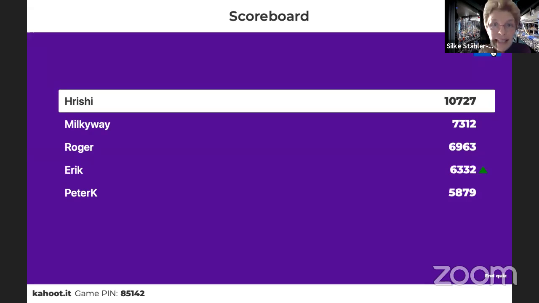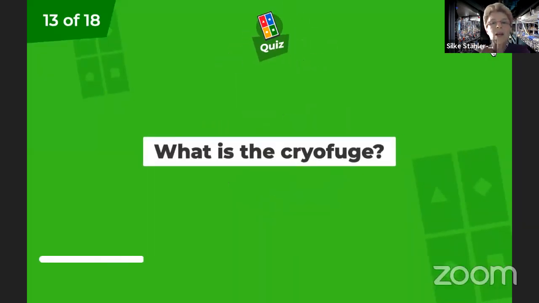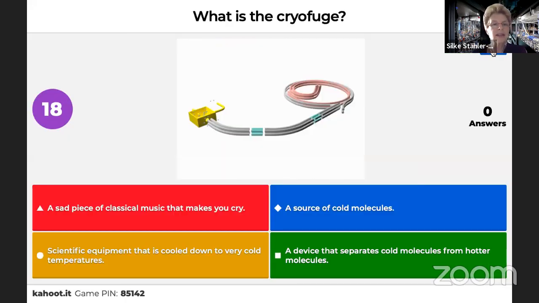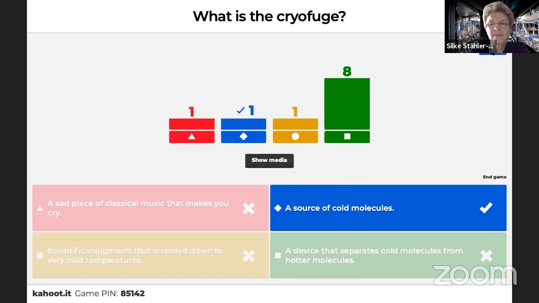So let's continue with the next question. What is the cryofuge? This was Izzy's lab. She explained it, I think, very nicely. So I hope you know it. Okay, only one person knew that it is a source of cold molecules.